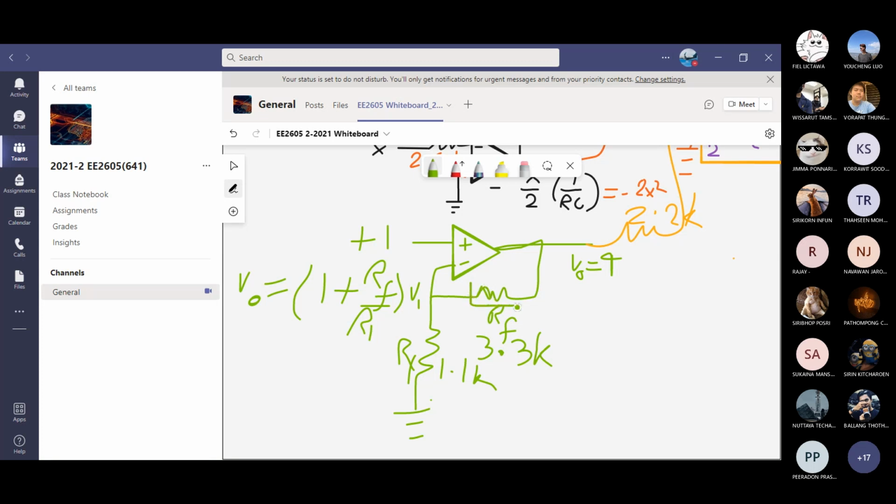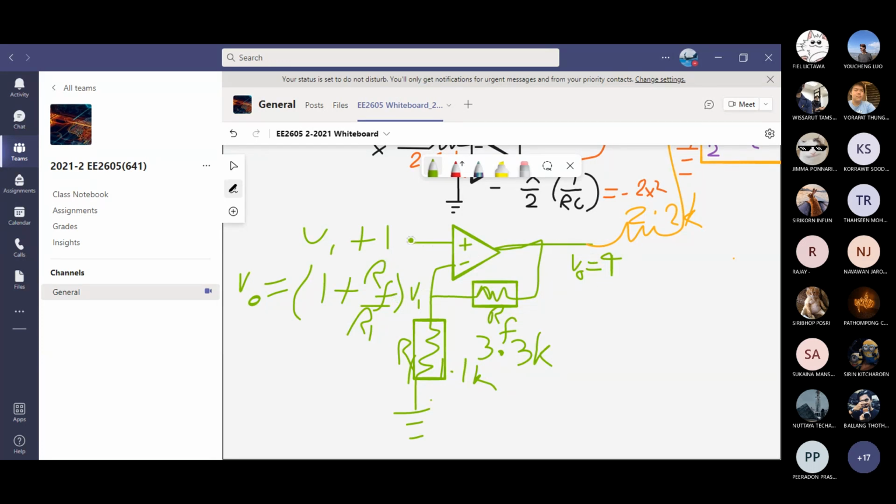I took it as 3.3K to make the ratio 3. Why? The equation is 1 plus RF over R1 times V in. V in is 1 volt, so 1 plus 3 is 4, times 1 is positive 4.